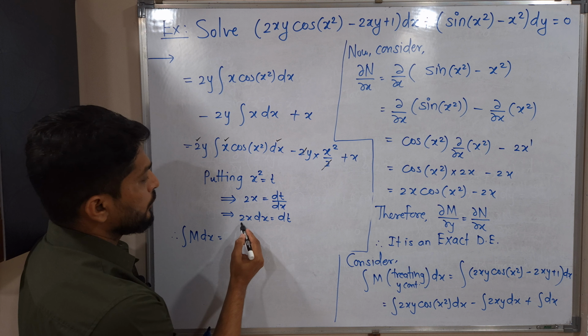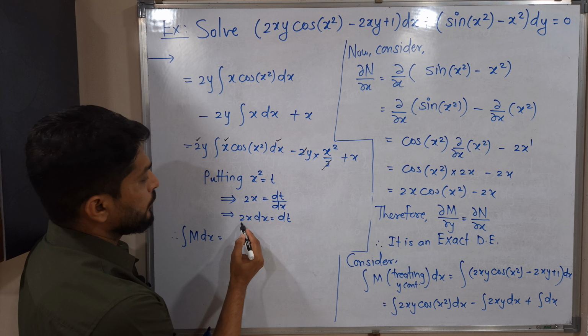So sin t minus x square y plus x. That's it. But the variable t we have taken is not a given variable, so we need to resubstitute its value. Its value is x square. So y sin x square minus x square y plus x. That's it. In this way we solved the first integral.